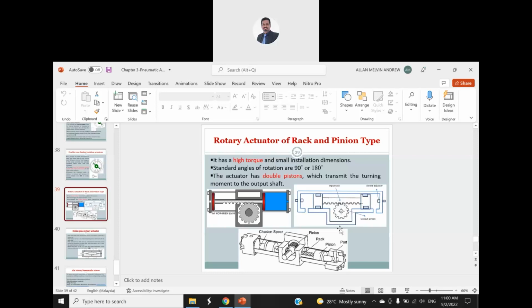Clockwise, because you can see the gear will be moving clockwise. So similarly, if you supply the air from the right, it will move to the left and it will turn counterclockwise. So what this rack and pinion does in a rack and pinion type of rotary actuator is convert translational to rotary movement.